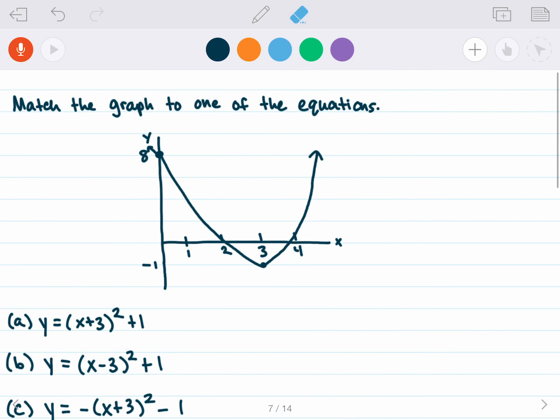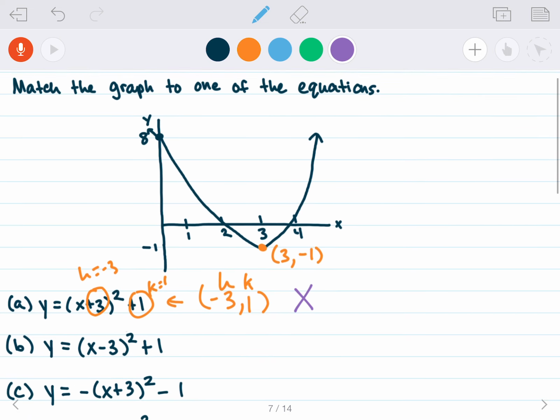Well, let's look at choice A first. This is saying that my h is negative 3. Remember, it's the opposite of what you think for h. And my k is positive 1, so my vertex here should be at negative 3, positive 1, but we see that that's not the case. The vertex right here is at positive 3, negative 1. So choice A is incorrect.